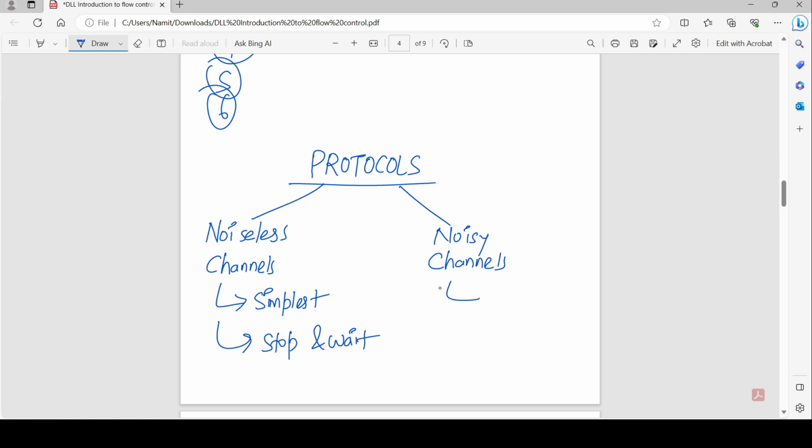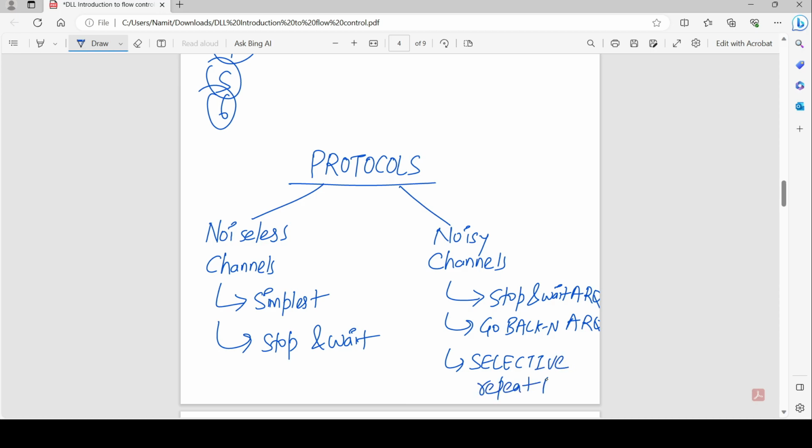Then we have these protocols for noisy channels: stop and wait ARQ, next one is go back N ARQ, and the last one is selective repeat ARQ.